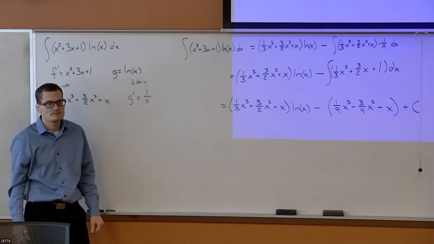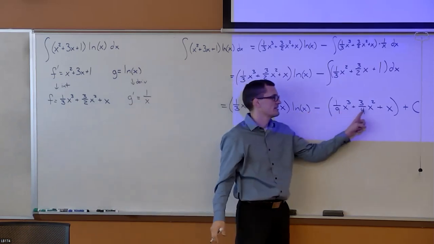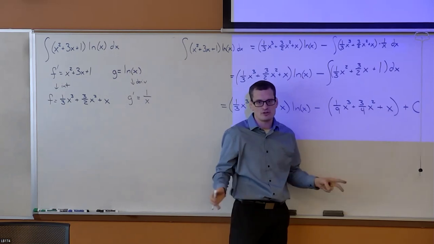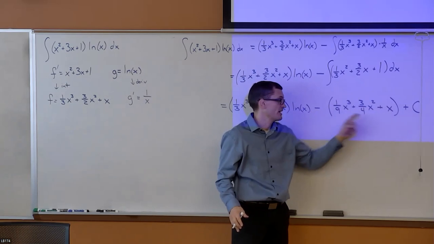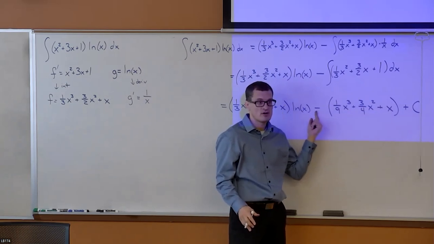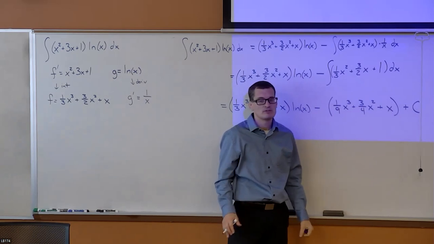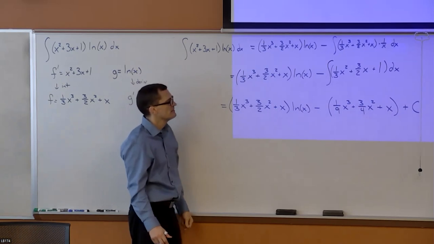Okay. If you want to distribute the minus sign into all three of these terms, go right ahead. Moodle should interpret it as correct, whether we have parentheses in there and the minus sign on the outside, or if you distribute it into all three terms. So Moodle should count it correct either way. Same thing here.